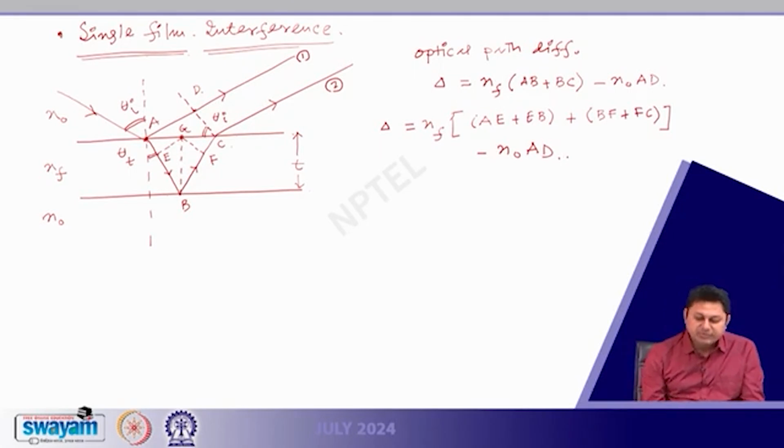Now, I need to put some kind of geometry to find out what are these values in terms of NF, theta t and t. So, let me write here sine of theta t. By the way, let me find out what is this angle. This is theta t, this is theta t minus 90 degrees. So, this angle has to be theta t.